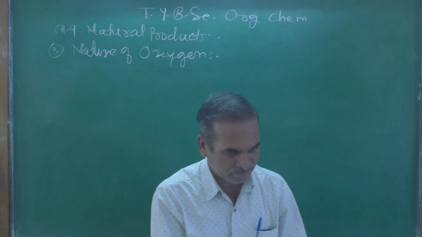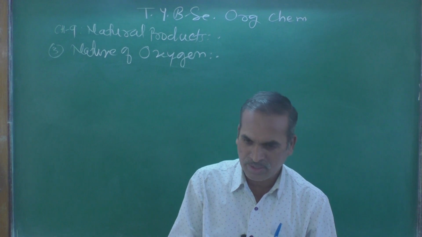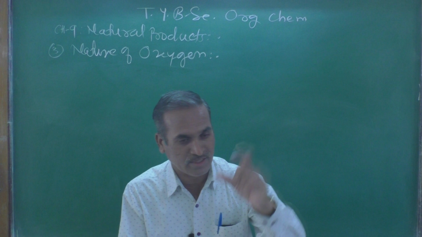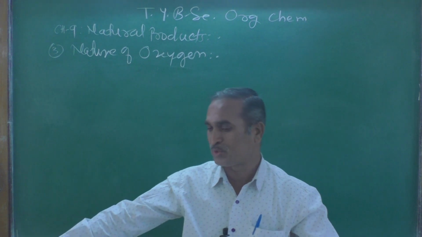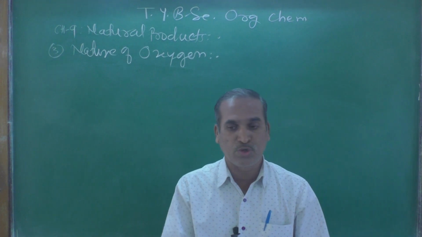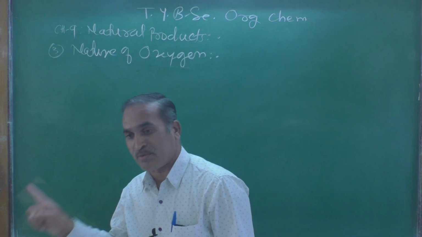Another one is the carbonyl. Carbonyl is also present in two forms: one is aldehydic, another one is ketonic. But how do you distinguish aldehyde from ketone?